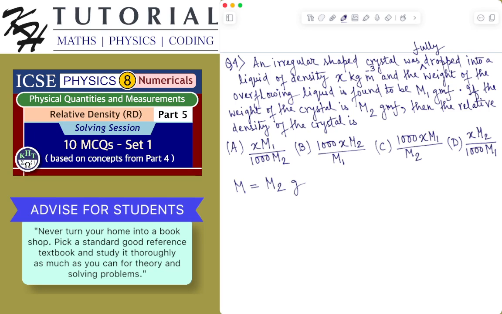Okay. Now, what will be the volume of the crystal? If I consider it to be V, it will be equal to the volume of liquid displaced or overflowing.